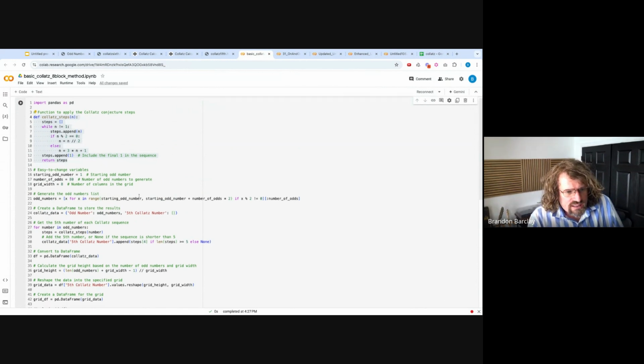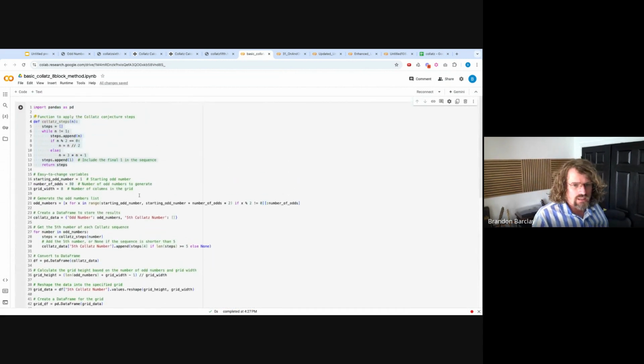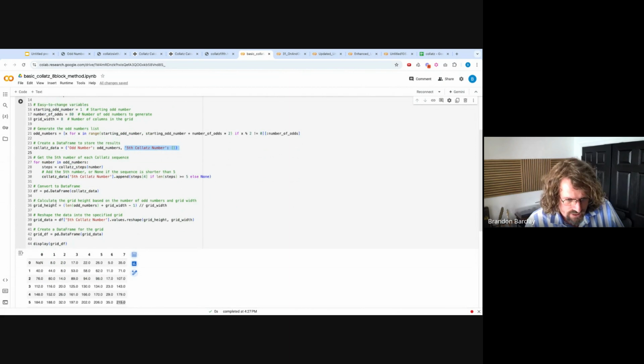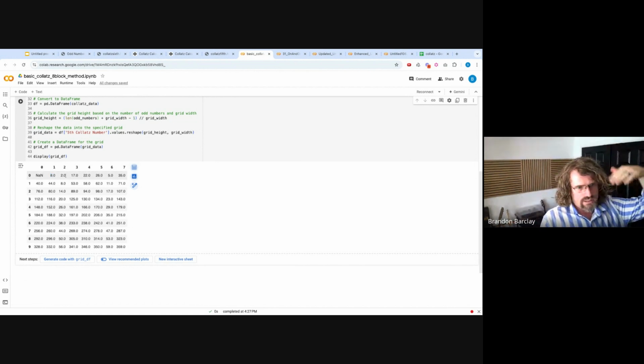But what this tells us here is that, let's say we're trying to find the 5th number of the Collatz, and we run the Collatz, and then we take all the 5th numbers and break them out, starting with odd numbers only, and put them on a grid, an 8 wide grid. So this is the 5th number of the first odd number, 1.